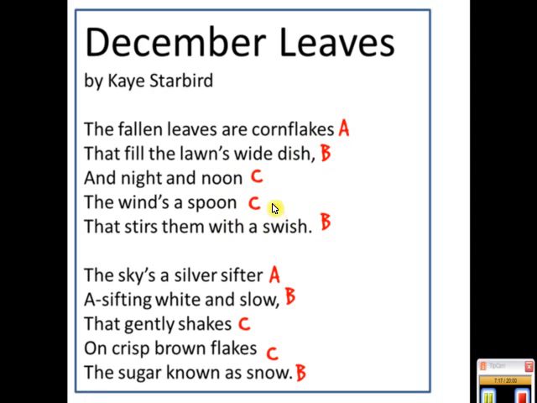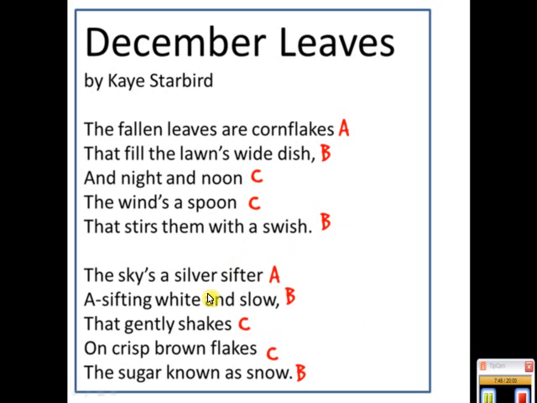And for sure, spoon rhymes with noon. That's why you have here C. On the fifth line, you have swish. You know that swish rhymes with dish. That's why you put another B. That's how you get the rhyme scheme.